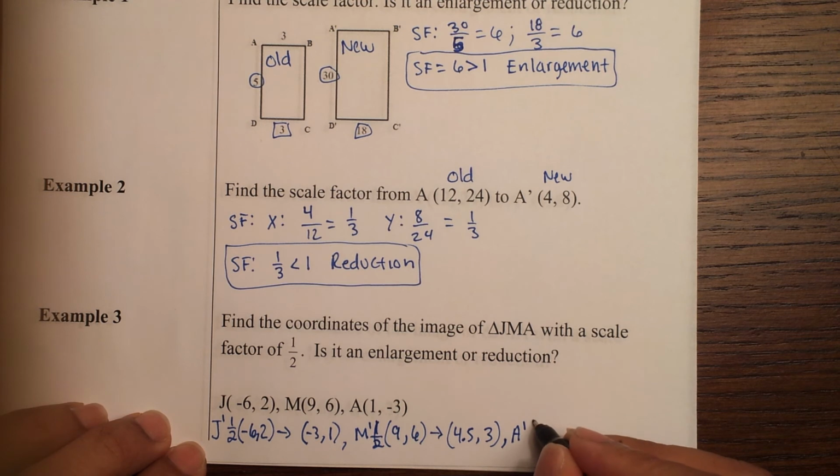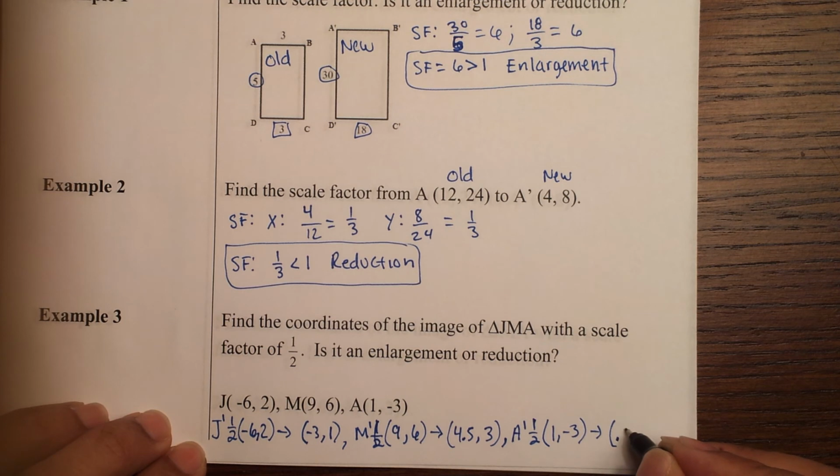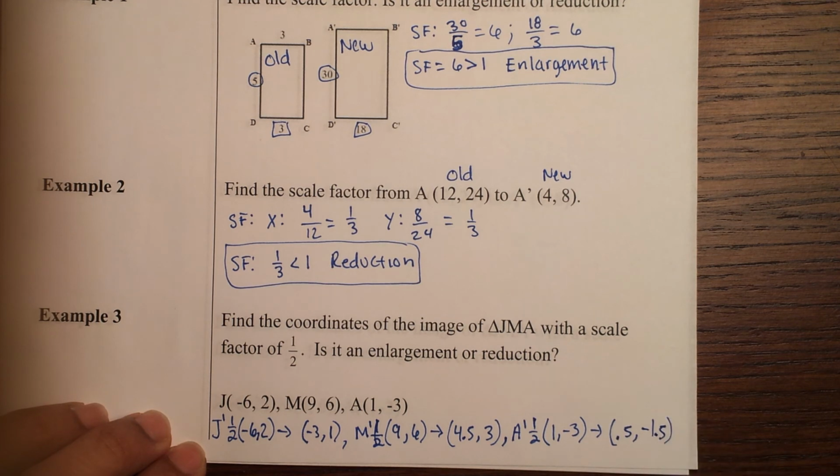So A prime, we take half of the coordinates of A, 1 and -3, and this becomes half of 1 is 0.5 or 1/2, and half of 3 is negative 1.5 or negative 3/2. Either way is correct.